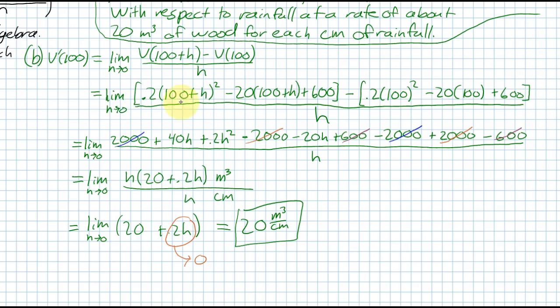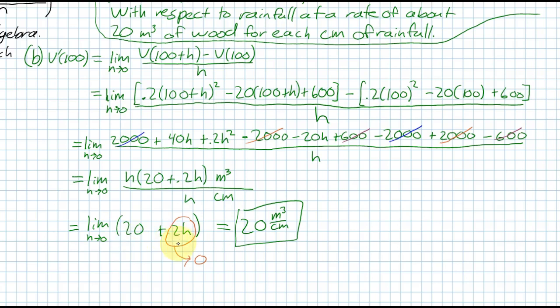And anyways, after you square that out and you use the distributive property and you distribute the minus into all these different parts, a bunch of stuff cancels out, and the h's cancel out. You can reduce the fraction as long as h is not 0, and the limit is not concerned with h equals 0, so that's okay.